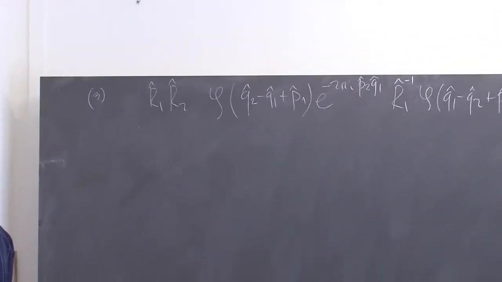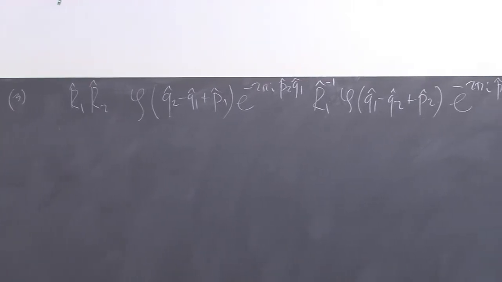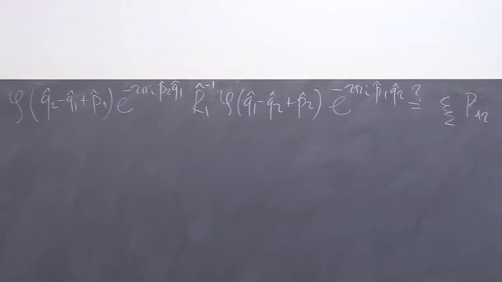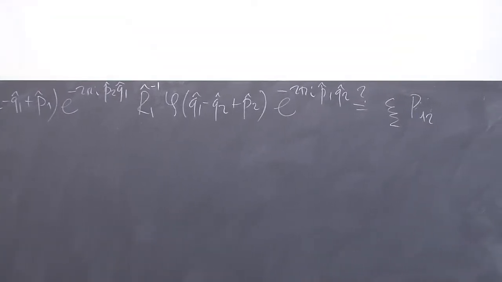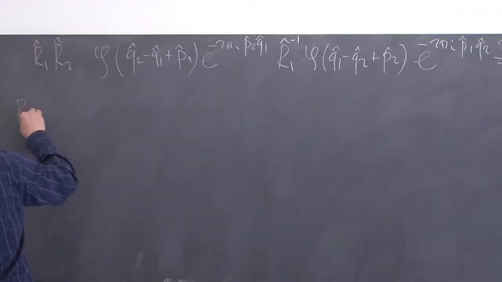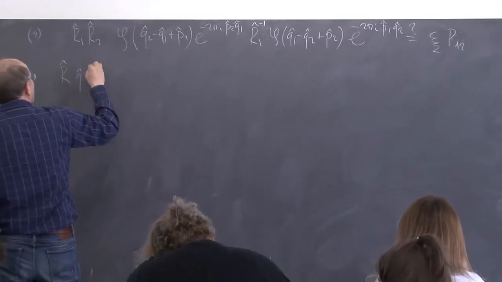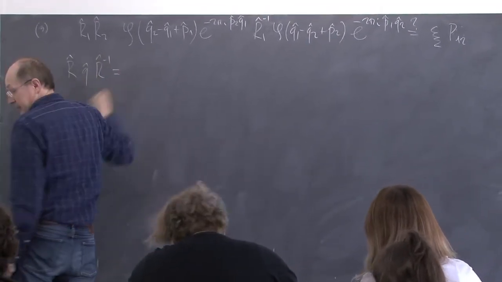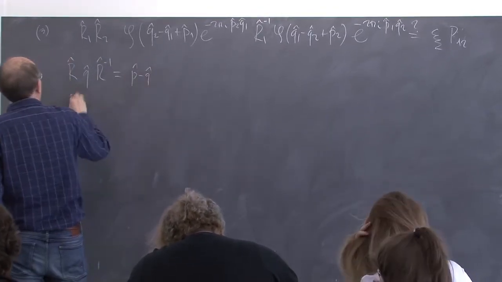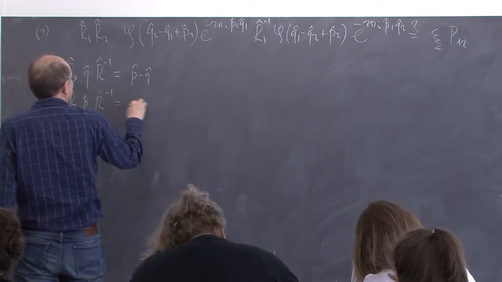So where could it be, which lecture? Yeah, so here they are. The R1 hat conjugates Q hat and gives P hat minus Q hat, and R hat conjugates P hat and gives minus Q hat.